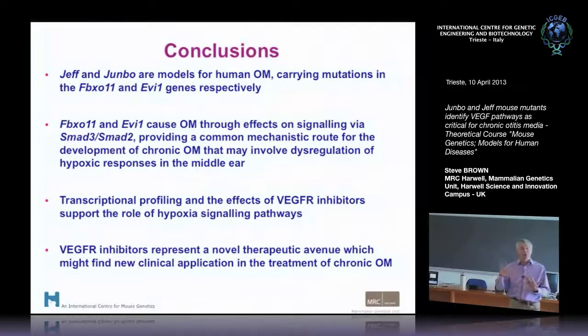And to cut a long story short, and I forgot to include the slide, I should have included it at the end because it's a nice ending to this, one of the key genes that shows strong, significant associations in the human population with the development of chronic otitis media is FBOX11. This has been found in a number of human association studies. So we have both genetic evidence as well as evidence from the LOOM study of studying effusions in children with chronic glue ear. We have genetic evidence as well that our thinking about the role of these pathways in the development of chronic otitis media is indeed correct.